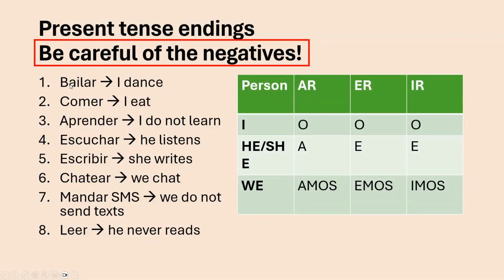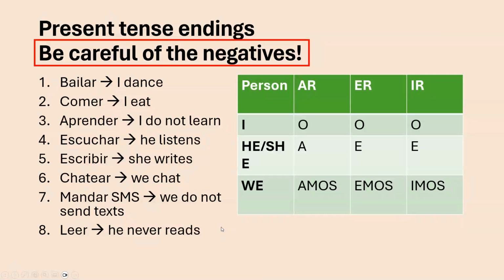So bailar, change it to I dance. Use the green table to help you. So you've got I, he, she, and we as the different pronouns we are practicing. Work together if you want to. Be careful of the negatives. Complete in books. And let's give you about 5 minutes to do this. Pause the video, come back for answers.